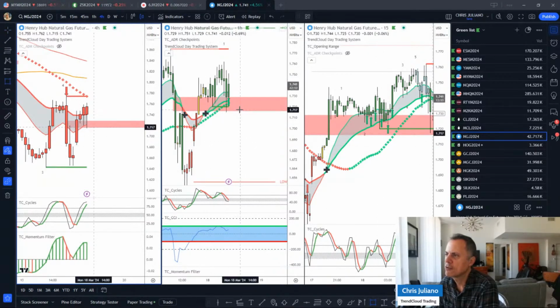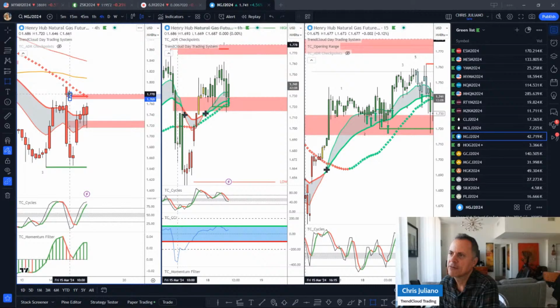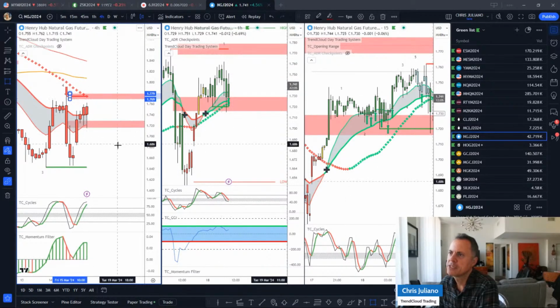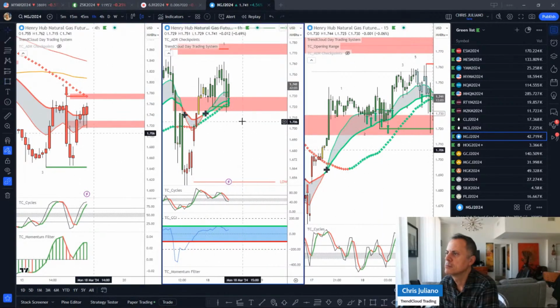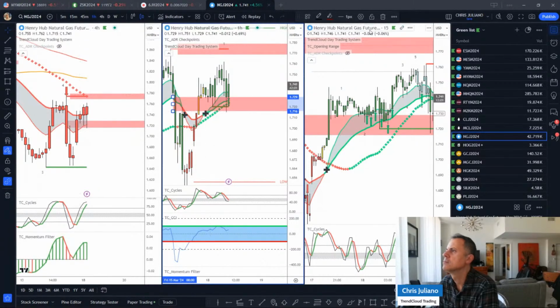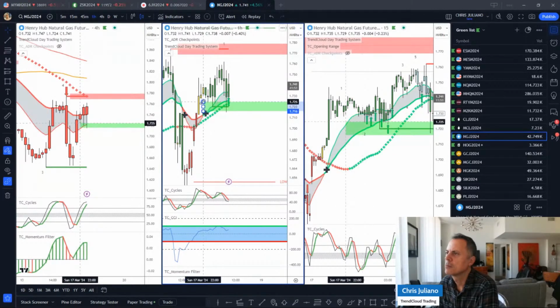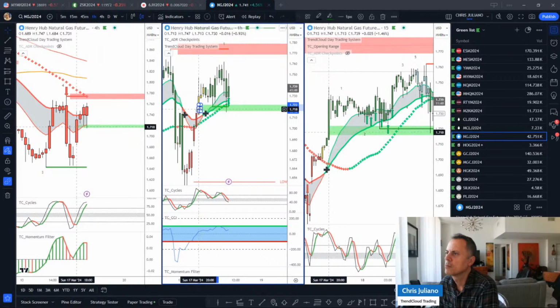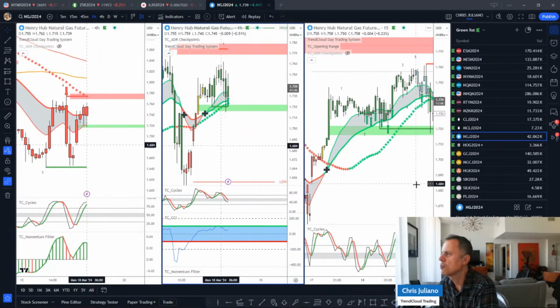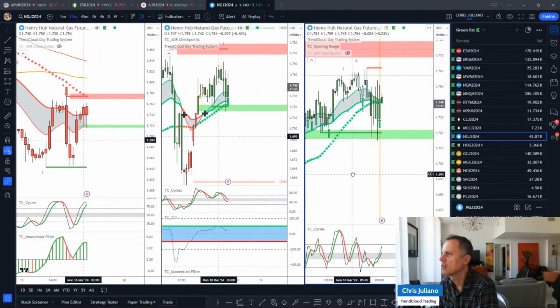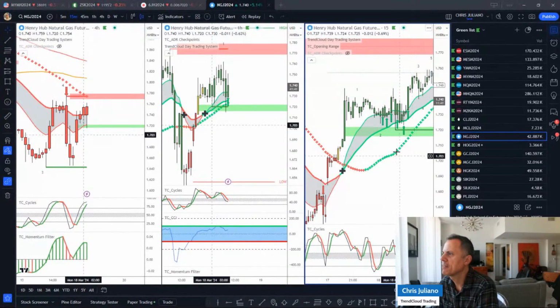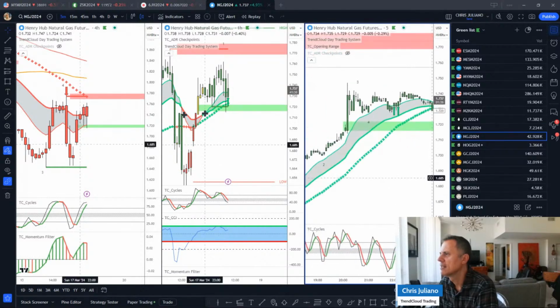This should be green, actually. But right here, what do we have? 50 simple. There we go. All right. What did this pull back into? Don't really see anything there on the 15-minute chart. Sometimes you won't see, oh, there you go.